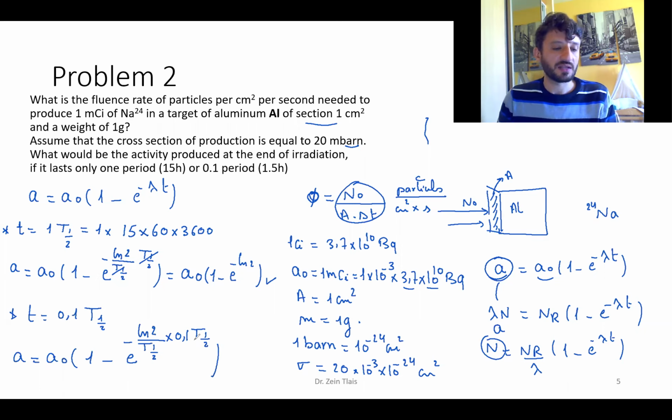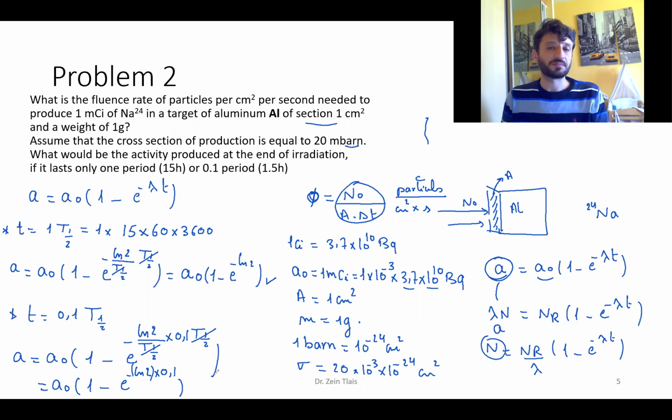We can eliminate t half and t half again, and we get 1 minus exponential minus ln 2 times 0.1. You calculate its value also in atoms per unit time.